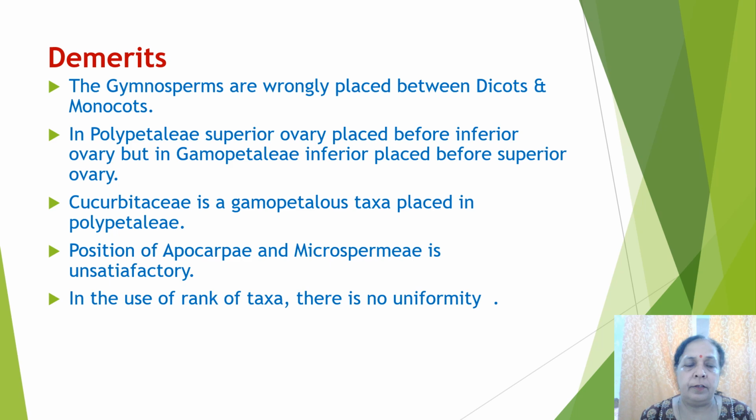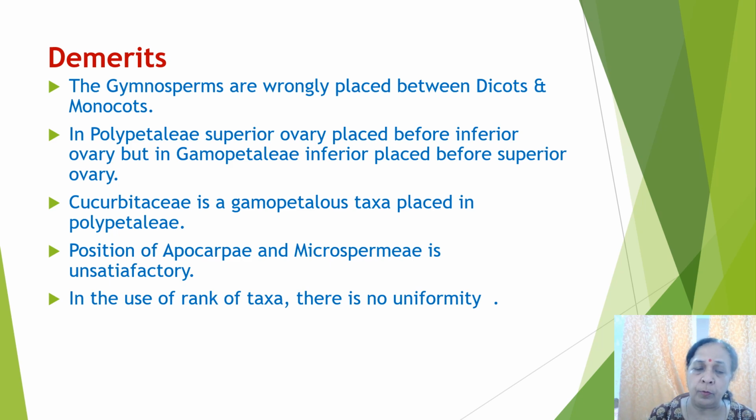Demerits of this classification. In this classification, gymnosperms are wrongly placed. Gymnosperm group is placed between the dicots and monocots, while it is totally different from the angiosperms. In Polypetalae, superior ovary is placed before the inferior ovary, but in Gamopetalae, inferior ovary is placed before the superior ovary. It is unequal.